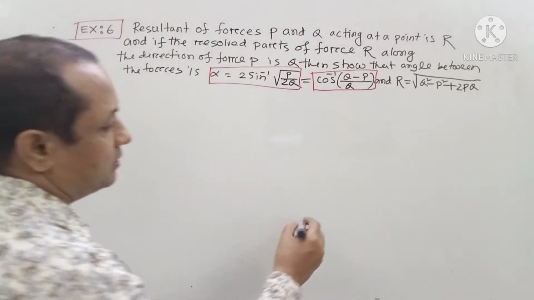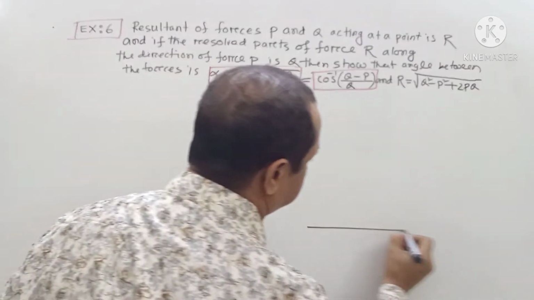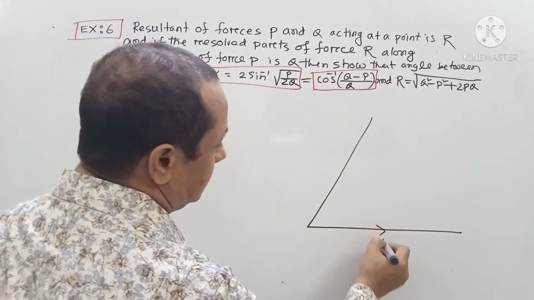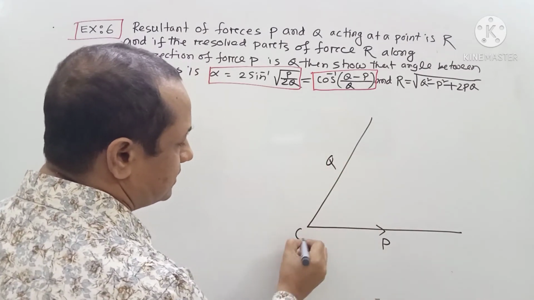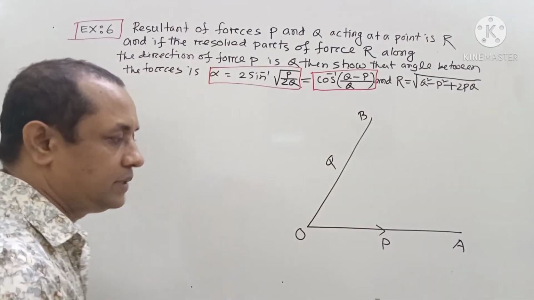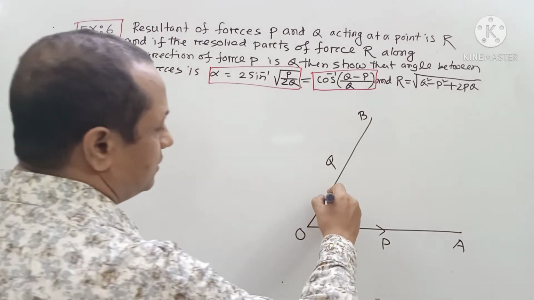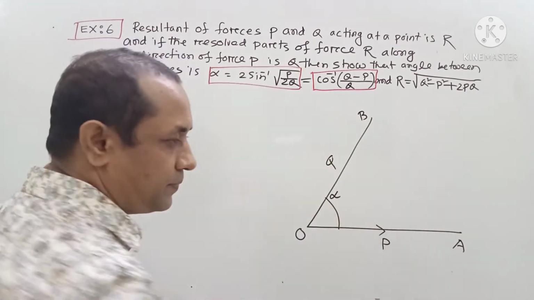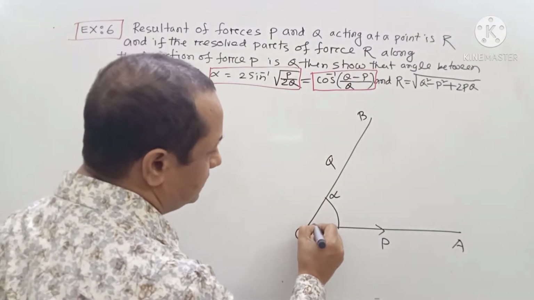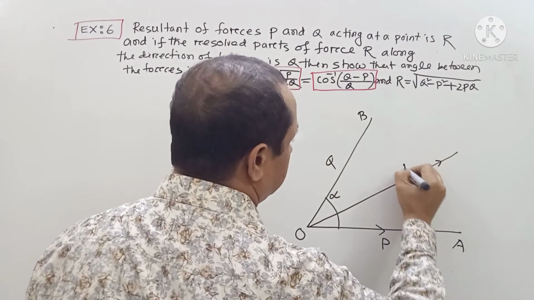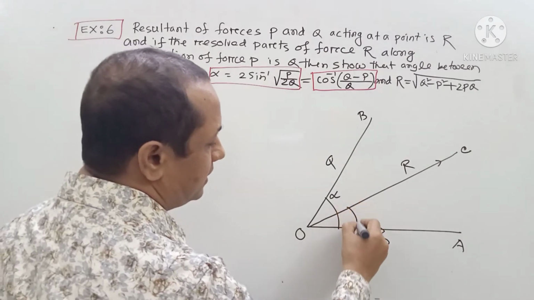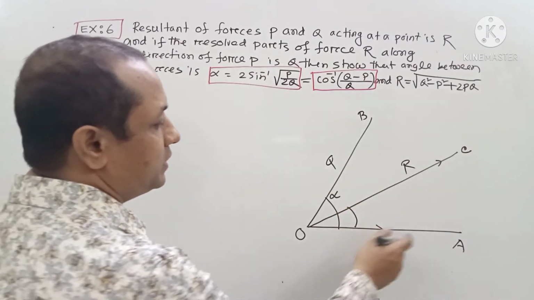Now here, let P and Q be two forces acting at a point O along OA and OB respectively, and the angle between the two forces is alpha, and the resultant force R acts at the point O along OC, which makes an angle theta with OA.